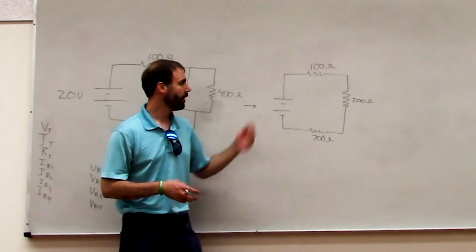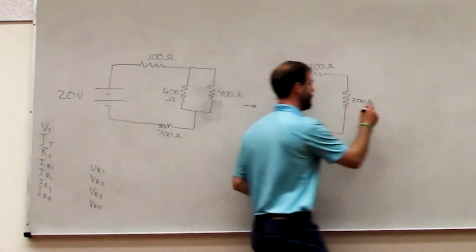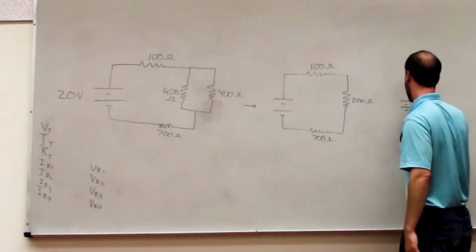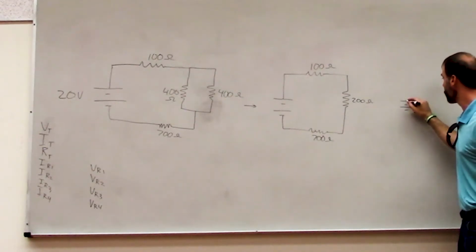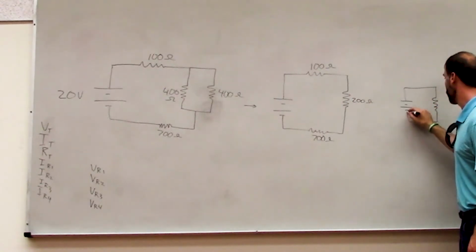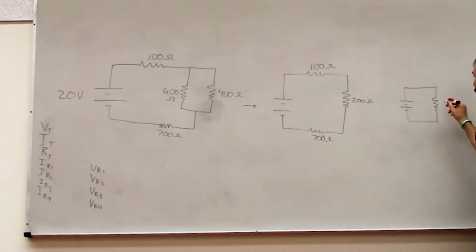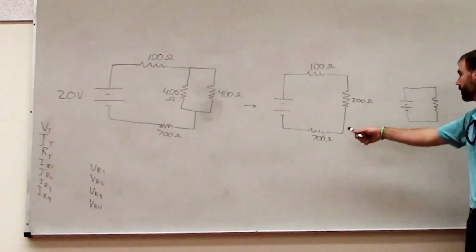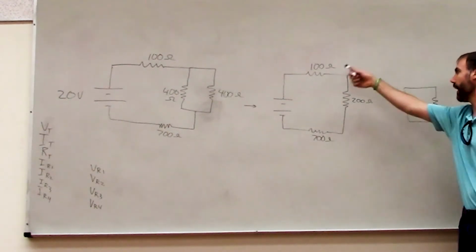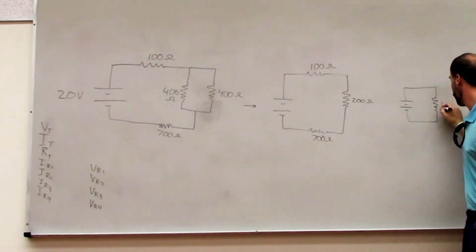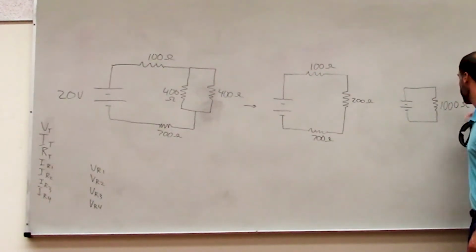So they're all in series. So we can simplify this and draw it as just one single equivalent resistor. So how much resistance would this equivalent resistor have? Yeah, 1,000 ohms. For series resistors, you just add up the existing resistors. So this adds up to 1,000 ohms. Okay?